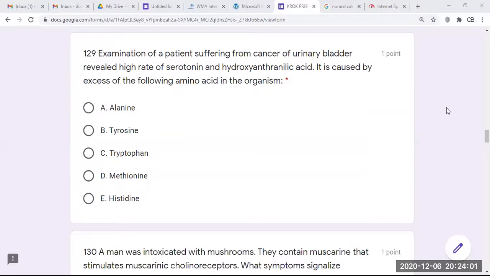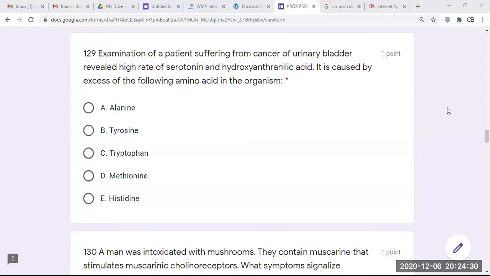129. Examination of a patient suffering from cancer of the urinary bladder revealed a high rate of serotonin and hydroxyindoleacetic acid. It is caused by excess of the following amino acids in the organism. So you remember the decarboxylation process, right?